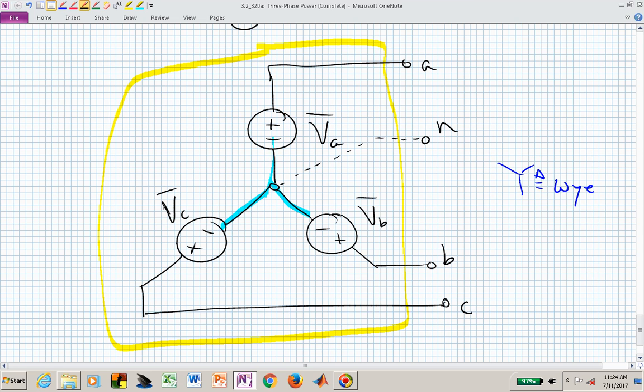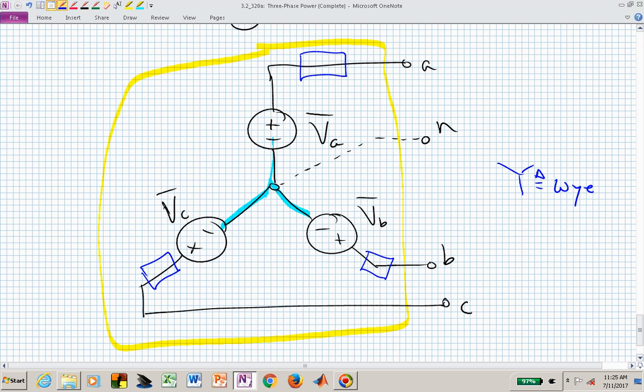So now this is the Y configuration. If I say we have a Y configured source, in this particular case, I haven't shown some internal impedances, but if I did, those impedances could be introduced into this source network where I've sketched those boxes. The impedances would be maybe some resistance and some inductance associated with each of those phases.